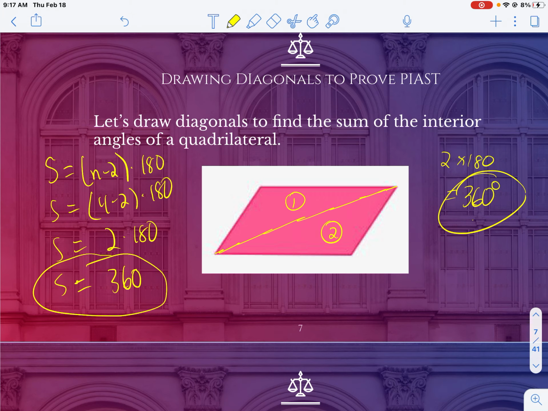You don't want to have to draw diagonals every time, but that's where the formula comes from, and that's why it makes sense. We have a formula, but we also have a way to do it with diagonals, in case you don't know the formula or forget it. But I think the formula is pretty easy to remember.